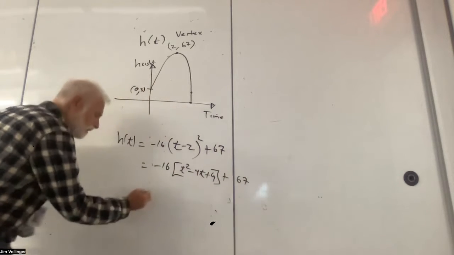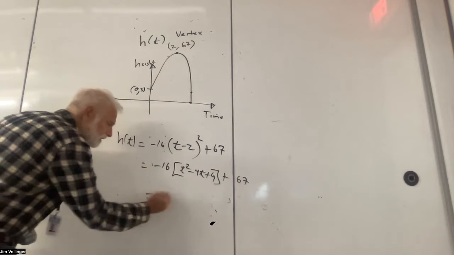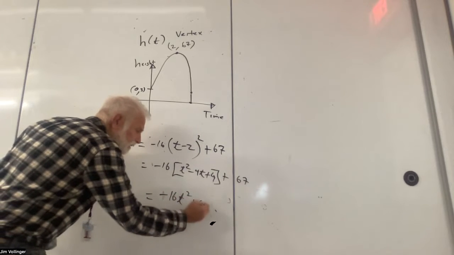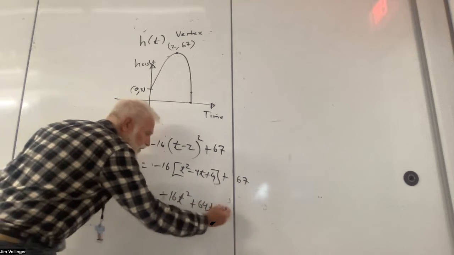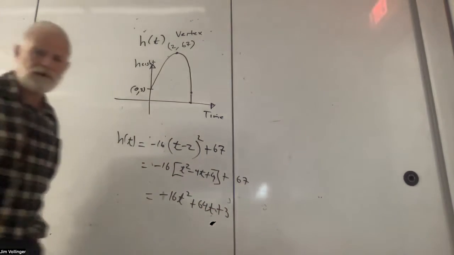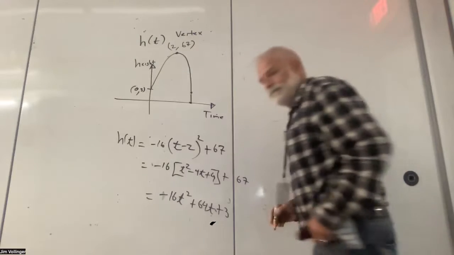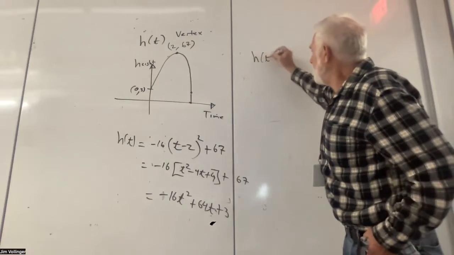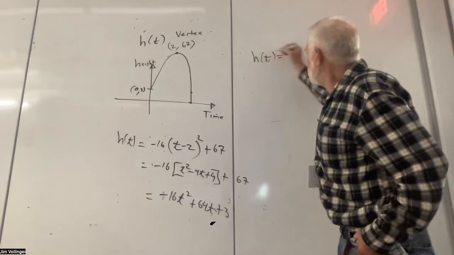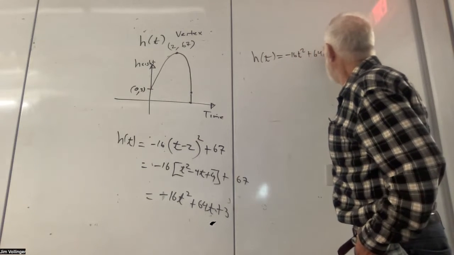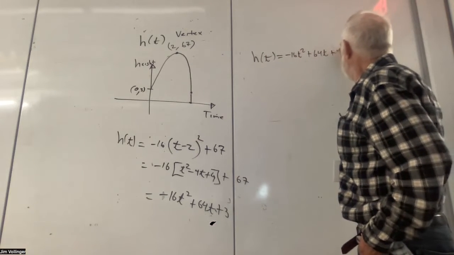And if you put this together, you should get minus 16t squared plus 64t plus 3. And now I am going to move that over here and call it h of t equals minus 16t squared plus 64t plus 3.